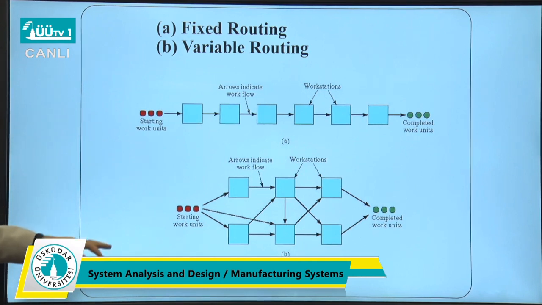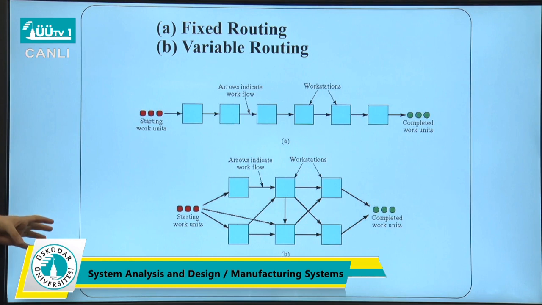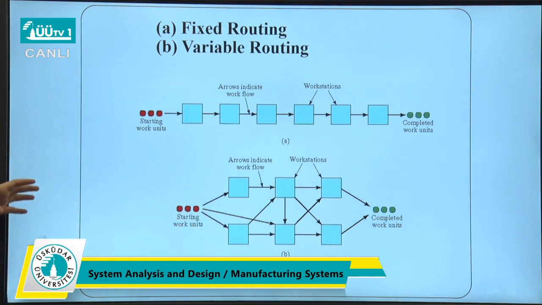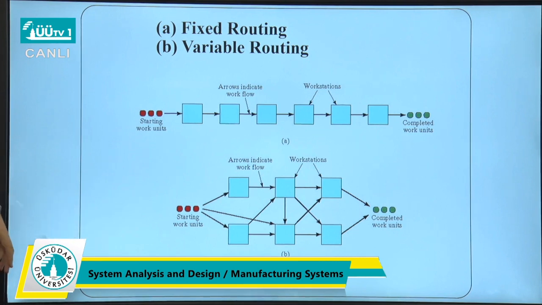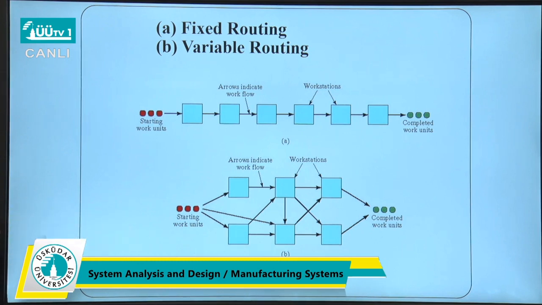And when we take a look at the variable routing shape in the second part, here we have the starting work units, and the workflow passes to different types of workstations as opposed to the fixed routing, and the flow of the work goes on to complete the work units at the end.